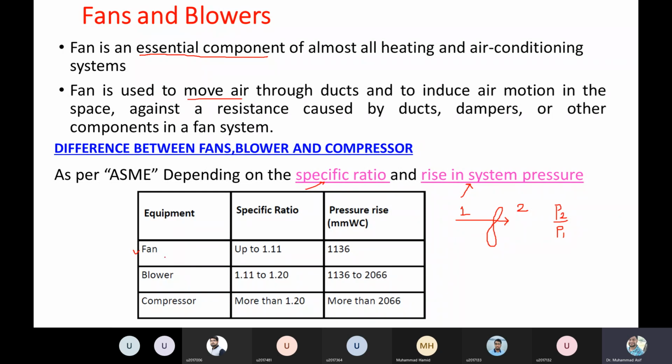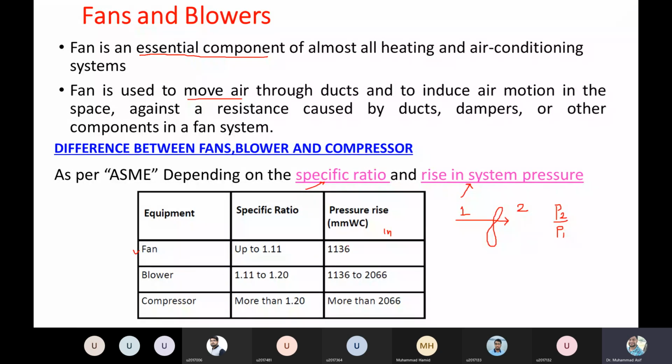When we say fan, a fan has a maximum specific ratio up to 1.11, and it can increase the pressure up to 1136 millimeter of water column. Normally the pressures in the duct are measured either in inch of water column or millimeter of water column.